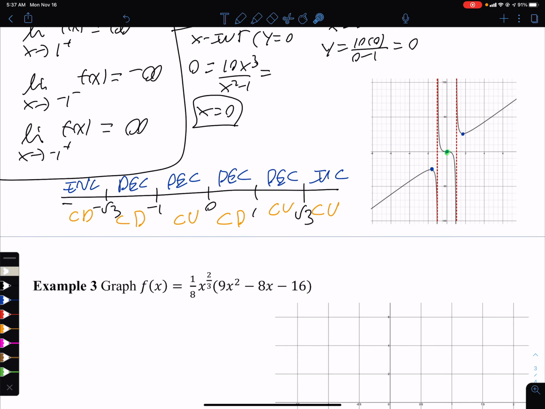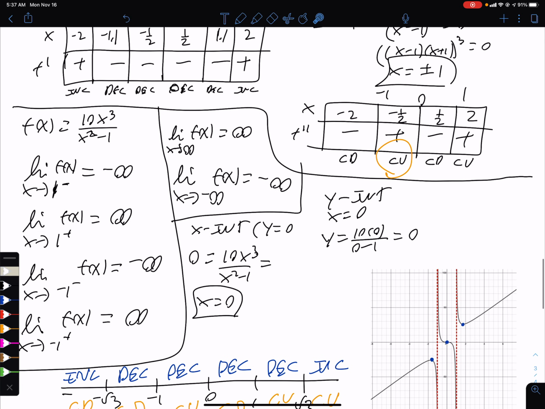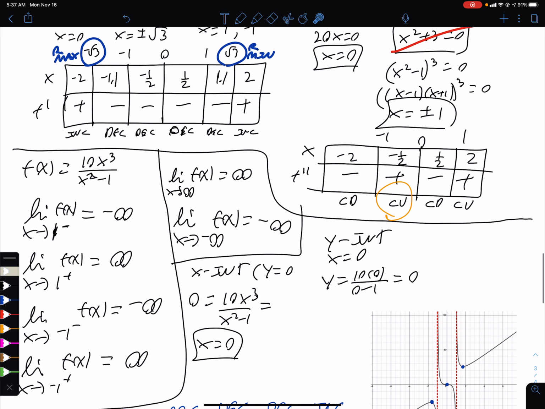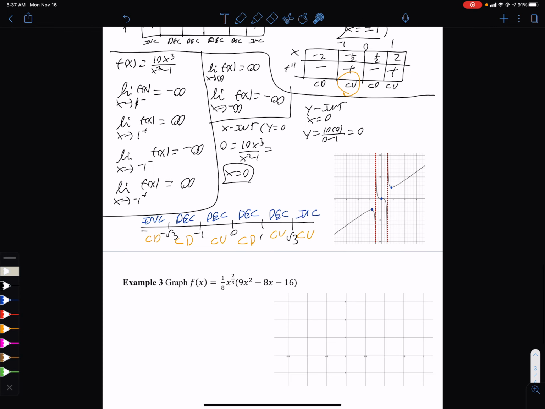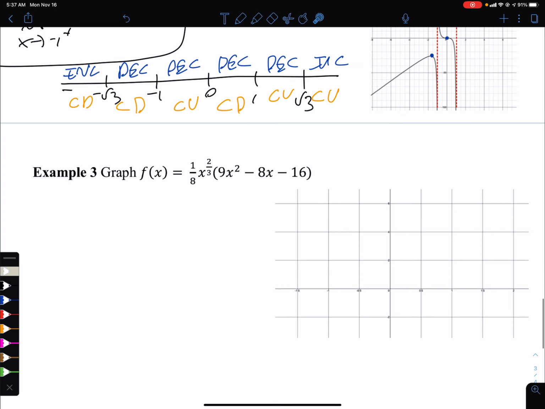There's 0. Actually, I'm a liar, pants on fire. No, we're good. Yeah, concave down, concave up. So there's an inflection point at the vertical asymptote, but the function doesn't exist there, so we don't worry about that. Okay, that's the second example.